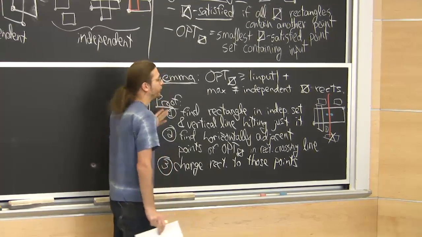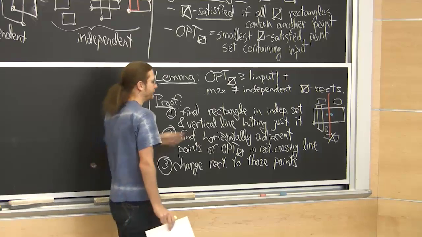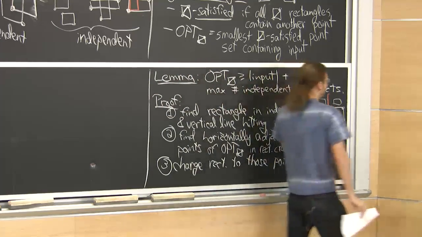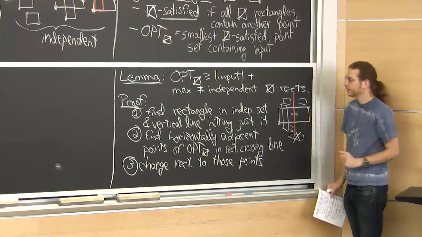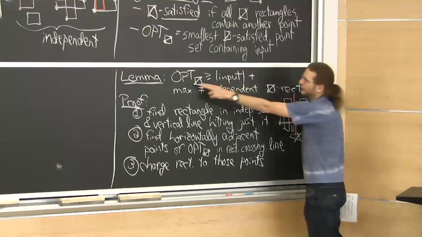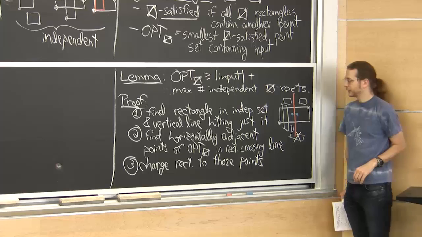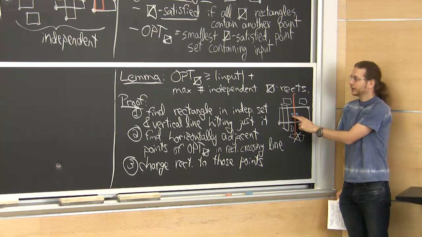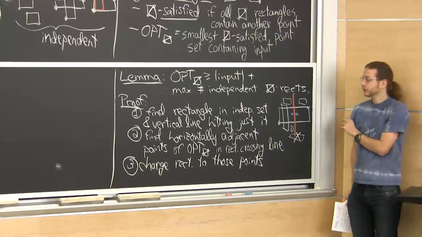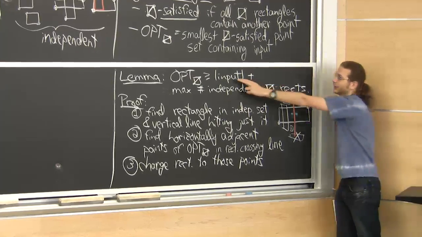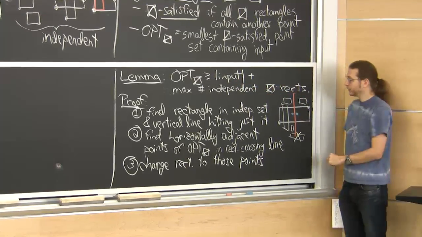So basically this is a way of ordering the rectangles. We're going to take one that has one of these vertical lines, find 2 points that pay for that rectangle, and therefore argue that opt has to be at least the number of rectangles. So we have to argue that at least one of these points is not one of the original points, right? And that's where we're getting the input plus this.